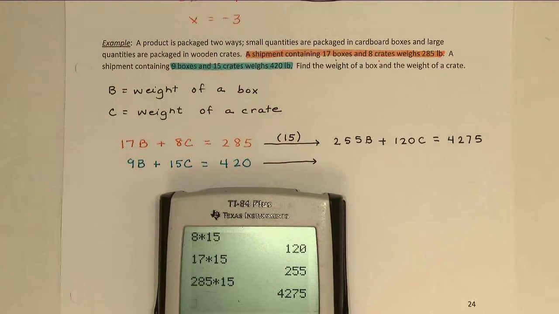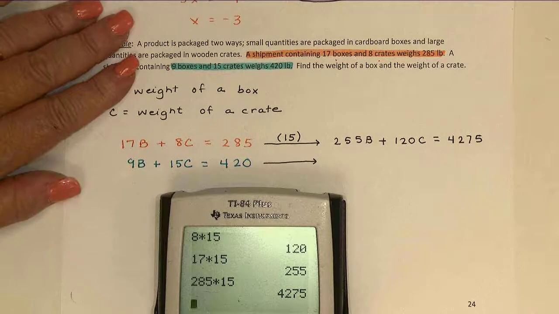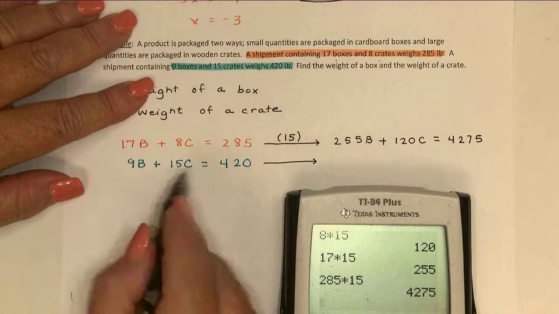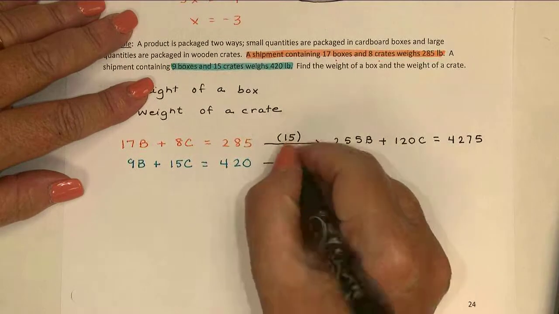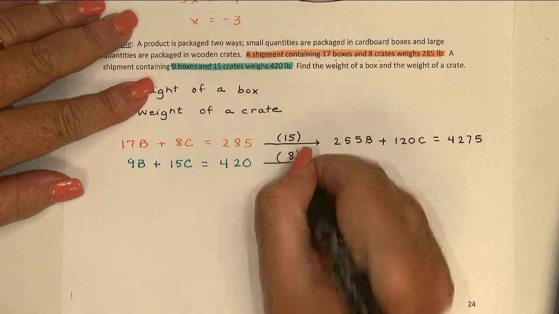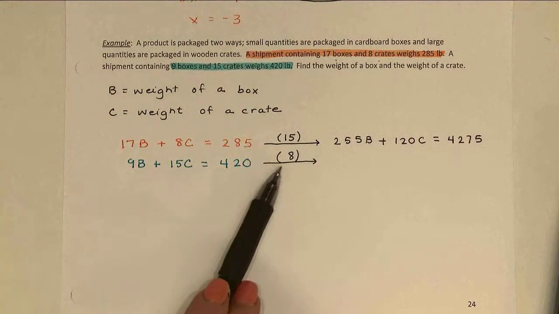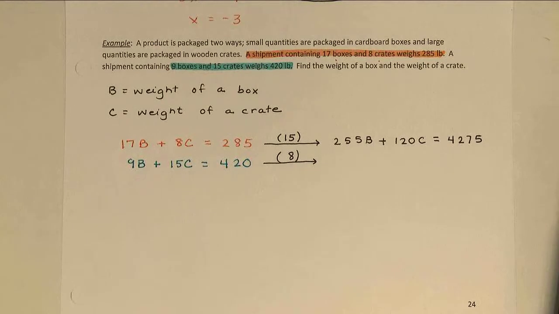All right. In the second equation, essentially I want to do the same type of thing. I want to make 120 here, so I might think of multiplying by 8. But if I do that, 15 times 8 is going to give me 120C again. The problem is that the variables won't eliminate or add up to 0 unless one is positive and the other one is negative.